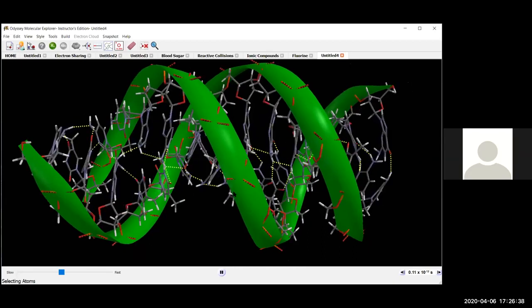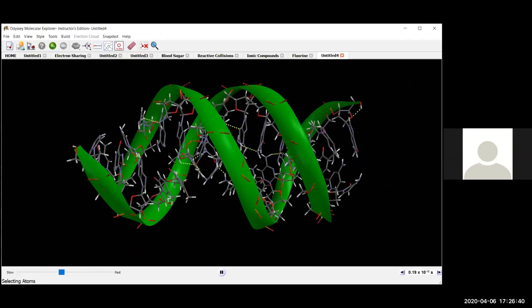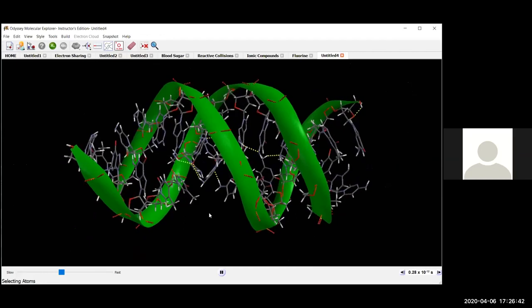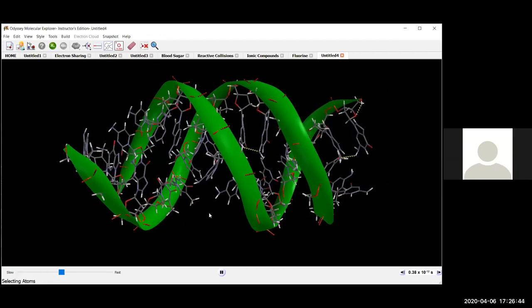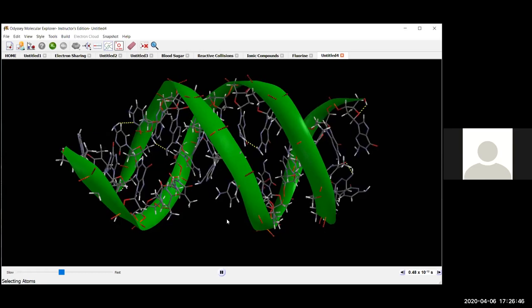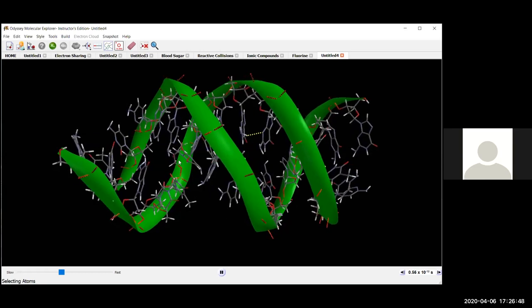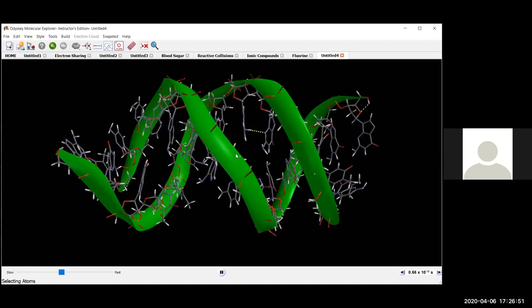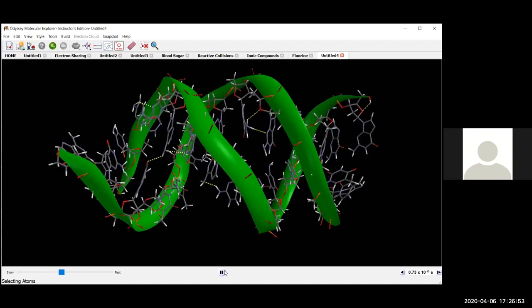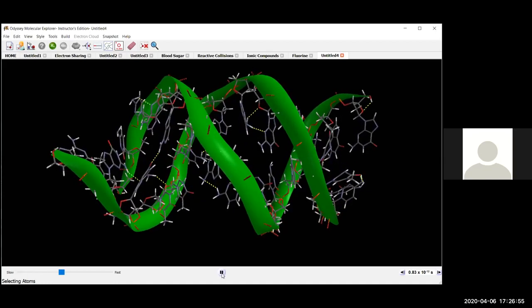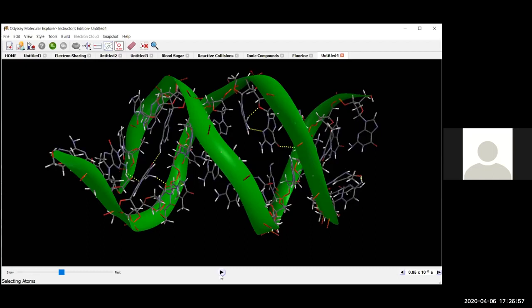I could put water around it, but I would very quickly exceed the 1,000 atom limit that I suggested one should stick to. If you immerse that in water, you get huge molecules immediately, and it's no longer practical, even though it's perfectly doable in principle.